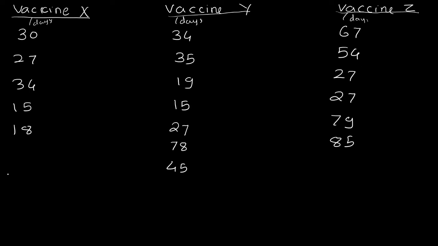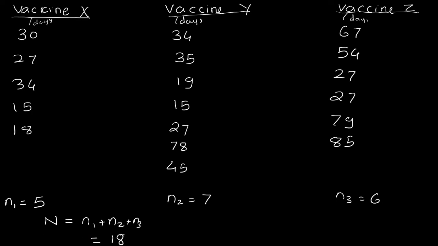So from this we know that n1, the number of observations for vaccine X, is 5, n2 is 7 and n3 is 6. My capital N, used in the formula, is n1 plus n2 plus n3, the summation of all, which comes out to 18 in this case.